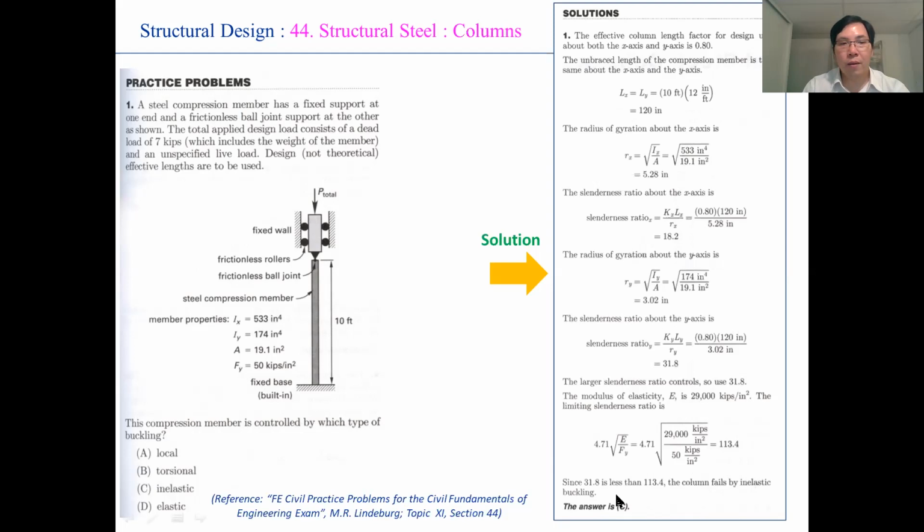So because this value 30.8, this one, the slenderness ratio y, is less than this value, the column fails by inelastic buckling. So when you compare the final result with the options proposed, you can see that the good answer is C.